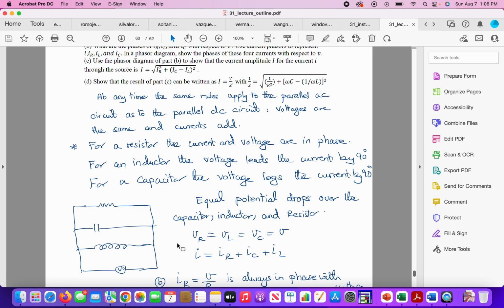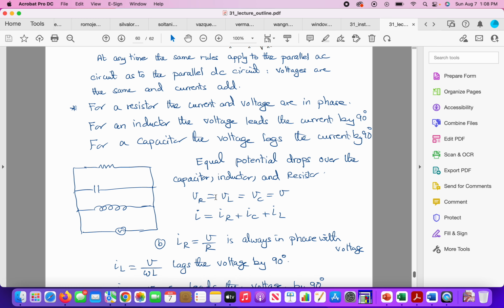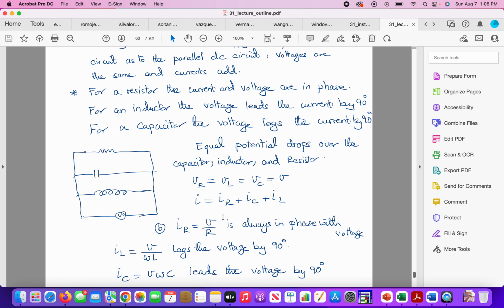For the resistor, the current and the voltage are in phase. For an inductor, the voltage leads the current by 90 degrees, and for a capacitor, the voltage lags the current by 90 degrees. We know that there are equal potential drops over the capacitor, inductor, and resistor. Therefore, all of them are equal. The currents are going to add up.